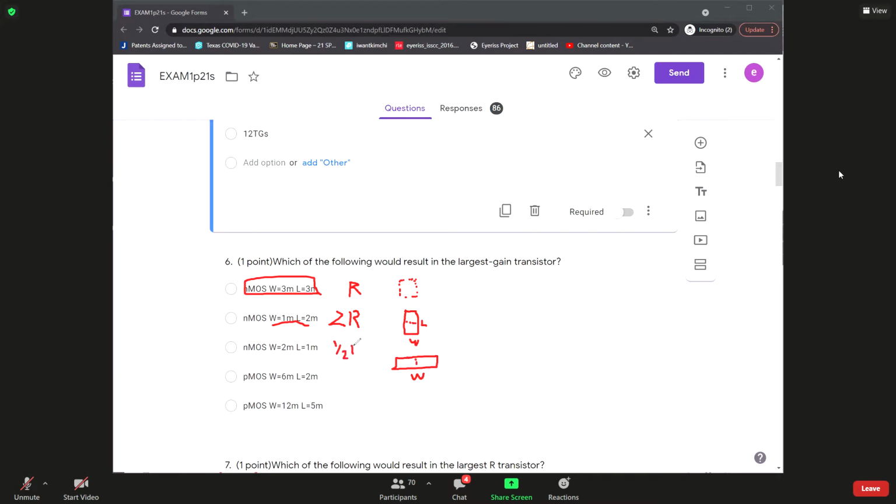We're looking for gain, but I'm working on a resistance problem, by the way. Okay. So what is the resistance for this? PMOS always has twice the resistance. Do you agree? Yeah? Okay. So what is 6/2? What is the resistance of something that is 6 wide by 2 in length?